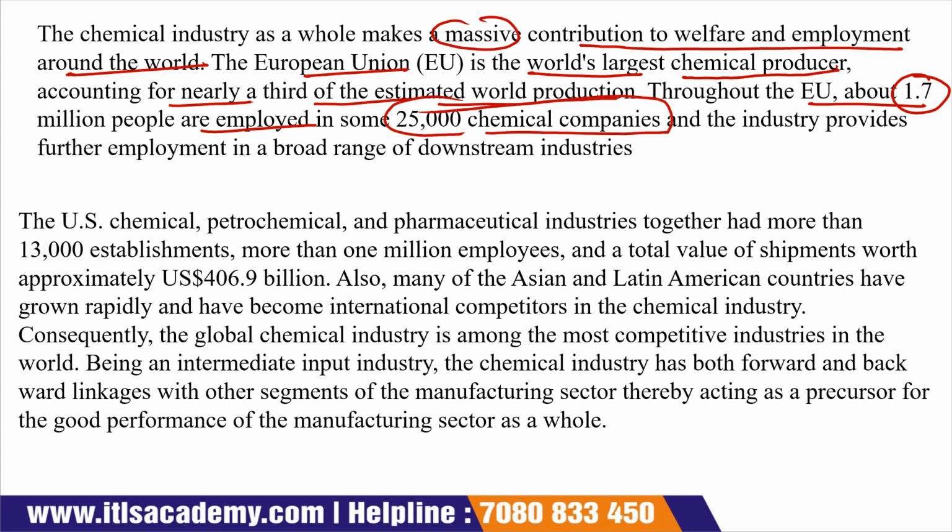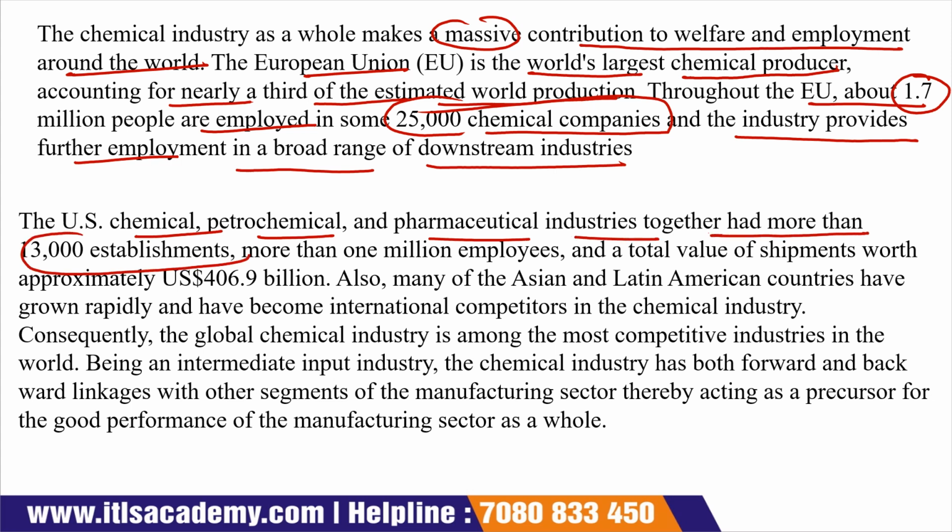So if we talk about people, around 1.7 million people are employed in around 25,000 chemical companies in the European Union, and the industry provides further employment in a broad range of downstream industries.